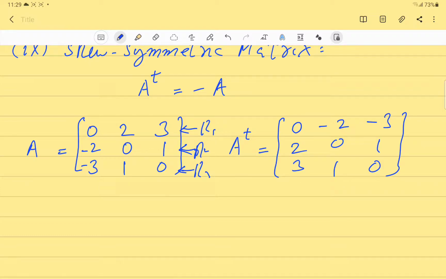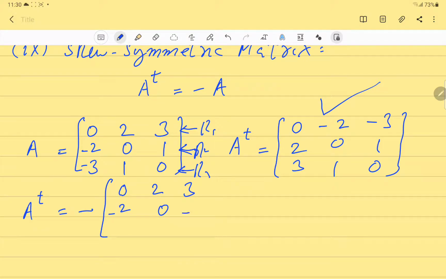Now what we will do, we will take -1 common from all the entries of A transpose. So when we take -1 common, A transpose is equal to minus outside, and the signs of all the entries inside the matrix will change. First is 0, so it will remain 0. -2 will become 2. -3 will become 3. 2 will become -2. 0 will remain the same.